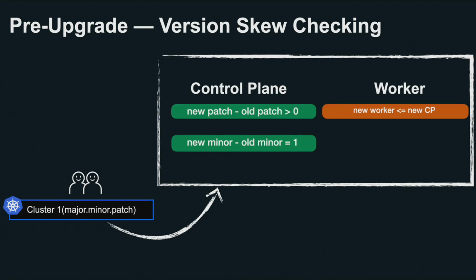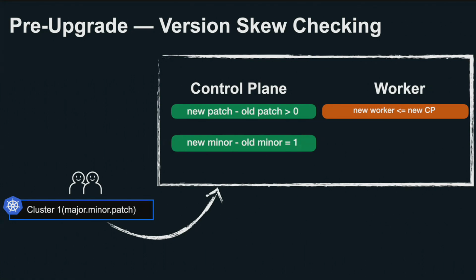The first feature of the upgradable checking we introduced in the pre-upgrade phase is Kubernetes version skew checking. We implemented it by reference to the similar logic in Kubeadm. We set two conditions. The first one is that upgrading the control plane and worker can cross multiple patch versions or one minor version at most.